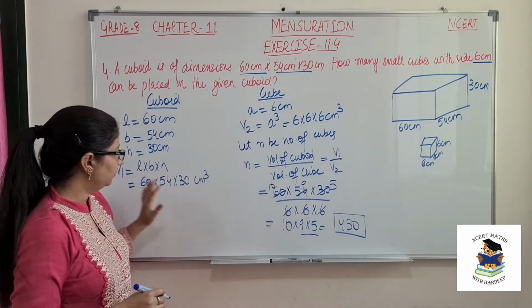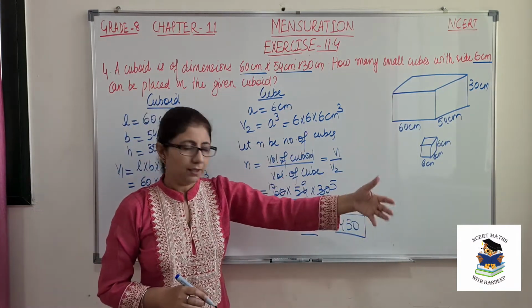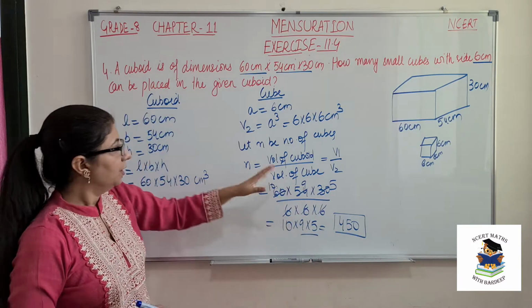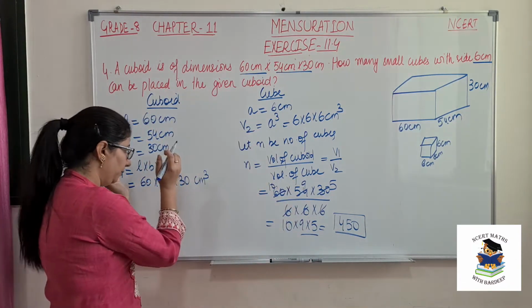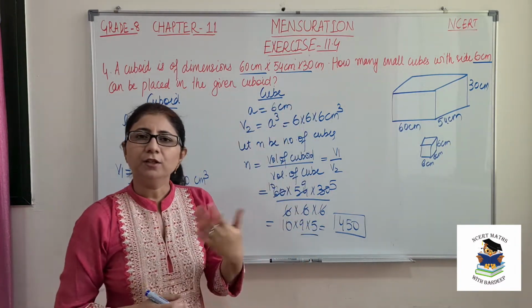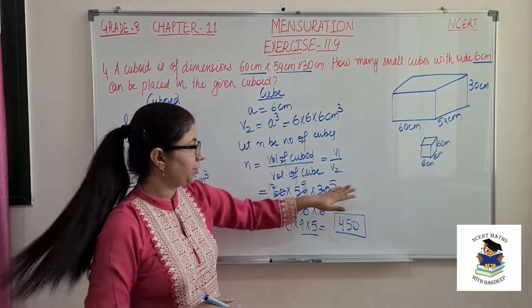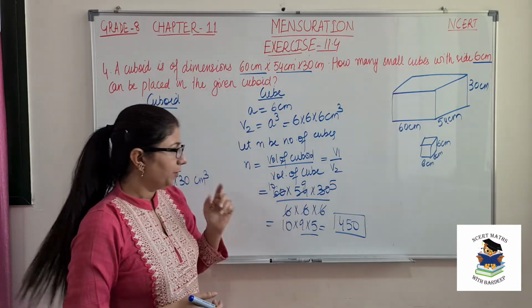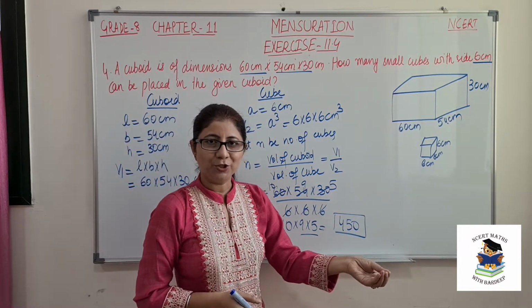Don't solve the full answer when we have to divide it again in the next stage of the question, because many terms will be directly cancelled. Otherwise, first you will multiply this full, then again this full, and then divide them. It will take more time. So always it is better to delay the calculations till your last step, but only if it is required to divide in the later stage of the question.